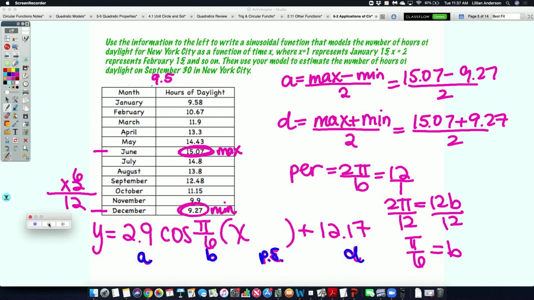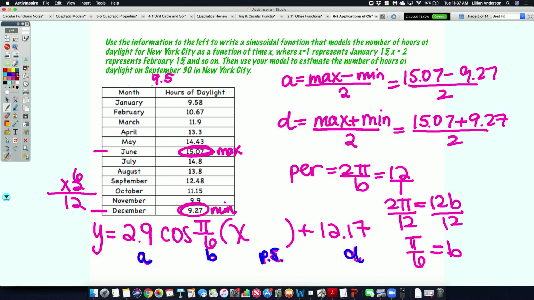Now the last thing we have to do is figure out what our phase shift is. Again, the way I have it written, I have the b factored out. With the b already factored out, all I have to do is find how long it takes for my graph to reach the maximum, the highest number of daylight hours. Because once I figure that out, I just write it into that blank spot.